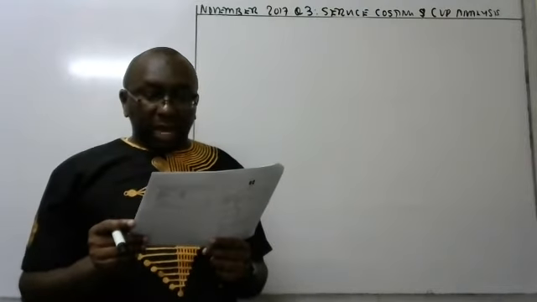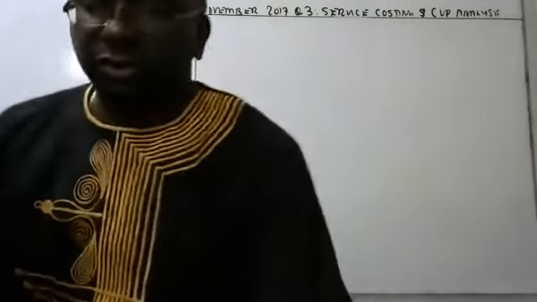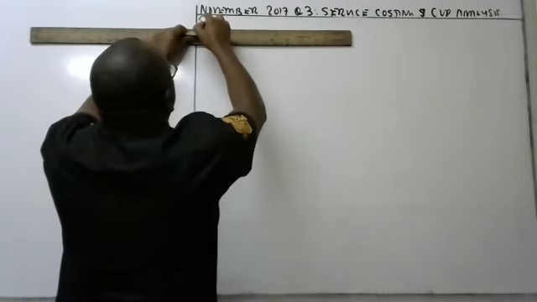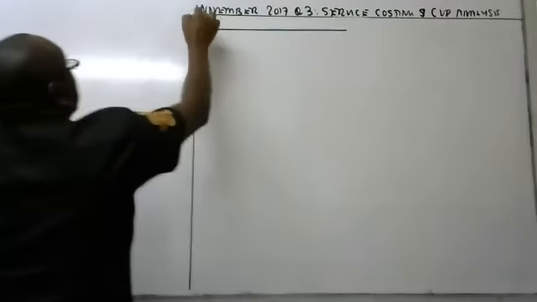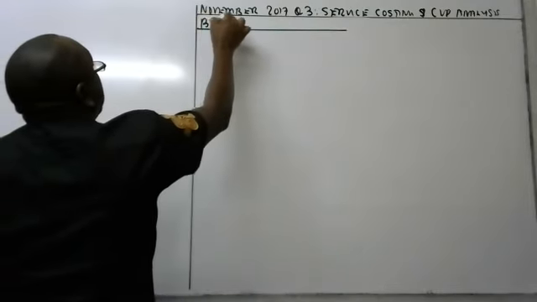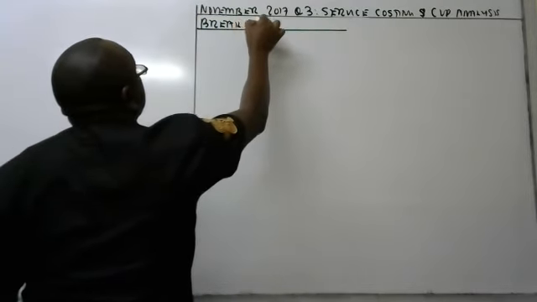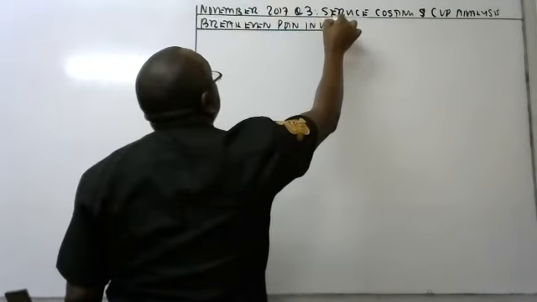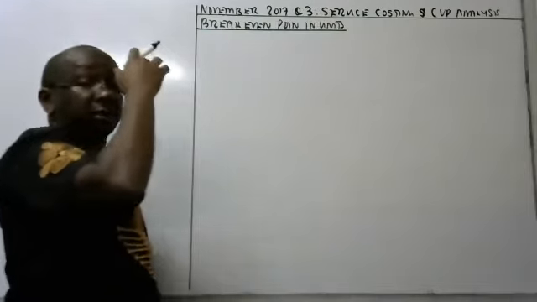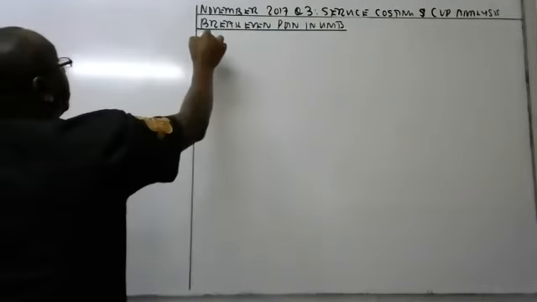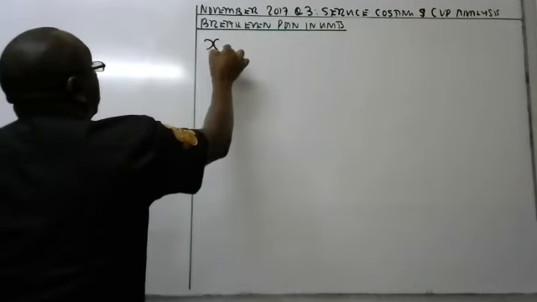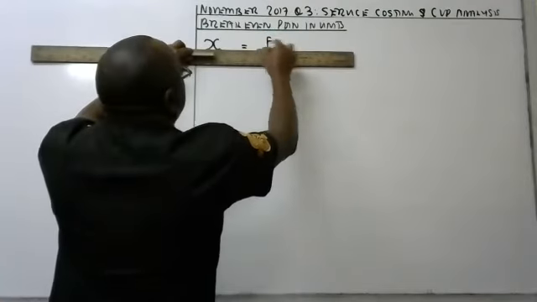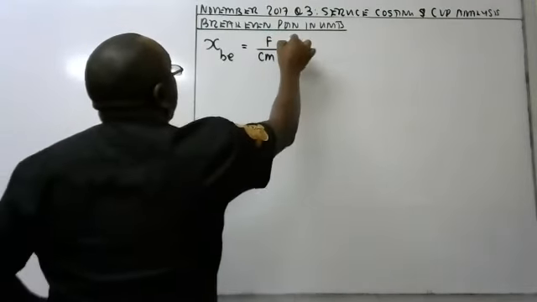Now we are told to get a break-even point in units. I told you the formula of getting that. XBE is given as F divided by the contribution margin.